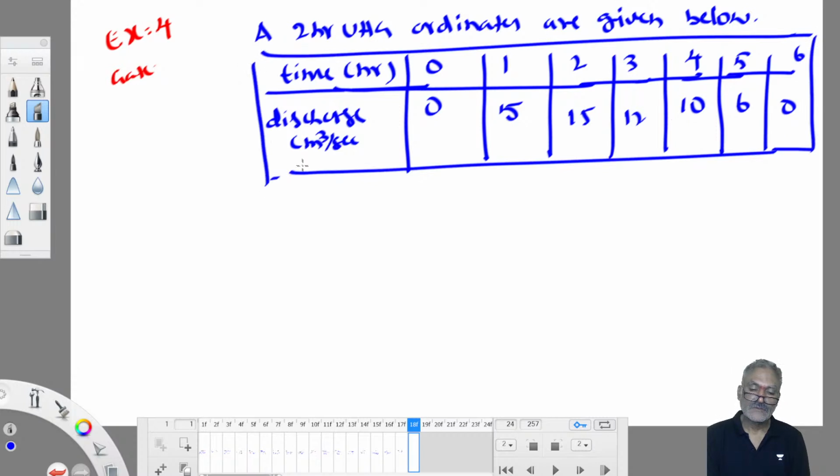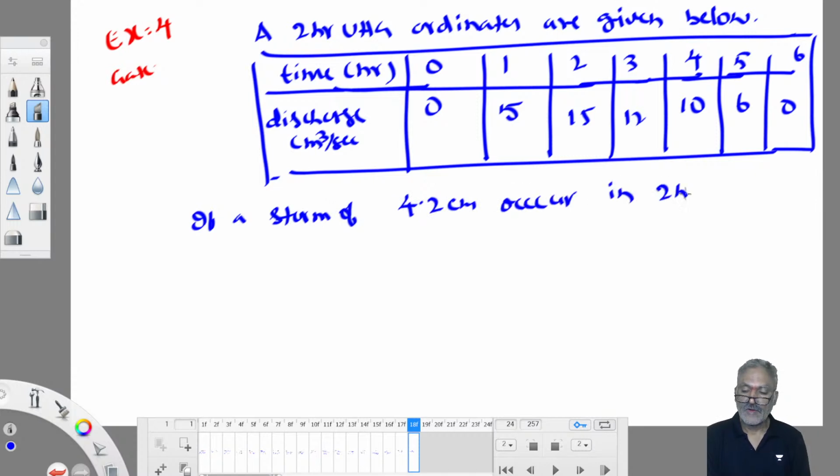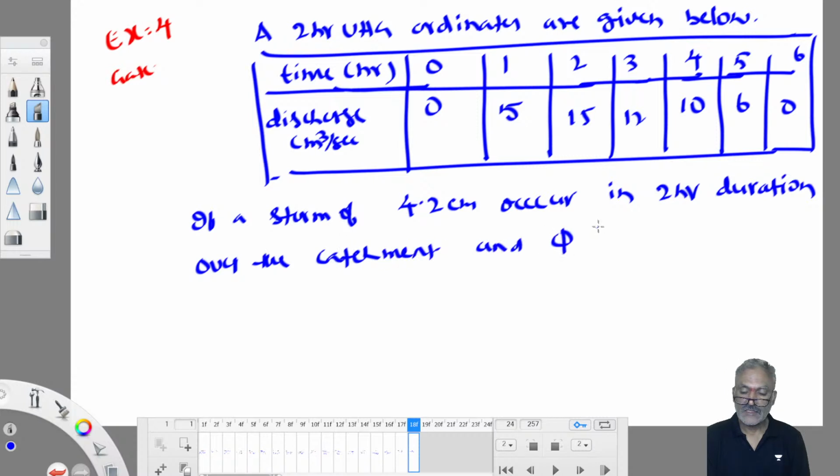This is given to you. And what you are expected to work out? If a storm of 4.2 centimeters occurs in a 2-hour duration over the catchment, and the phi index is 0.8 centimeter per hour, calculate: 1.